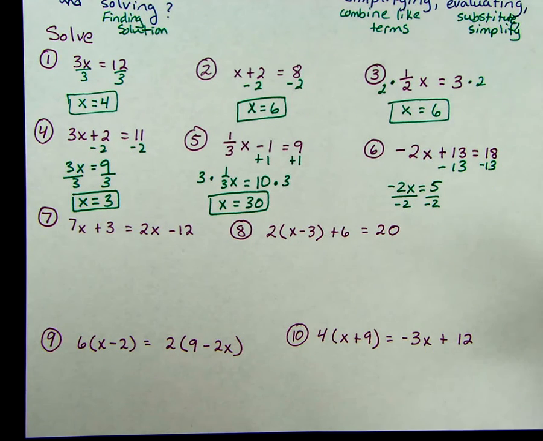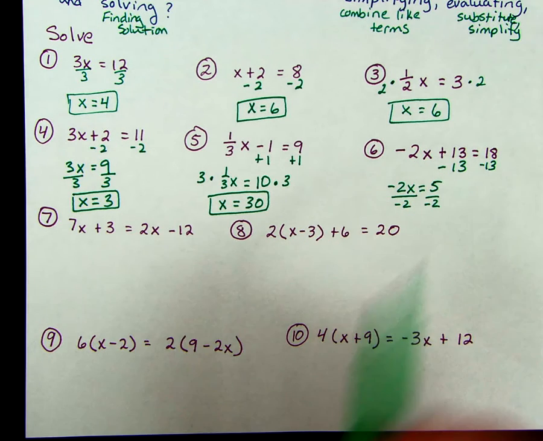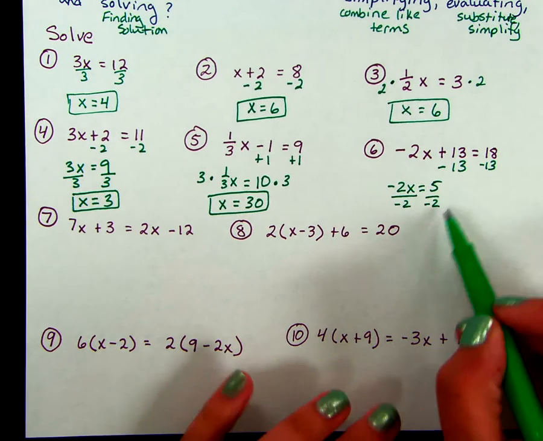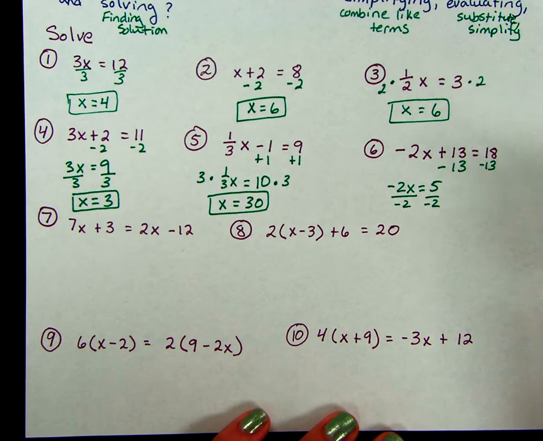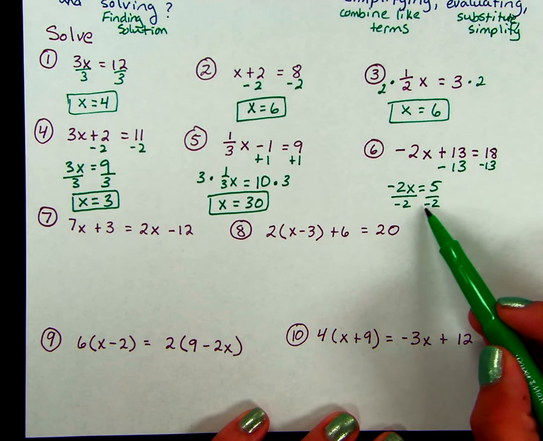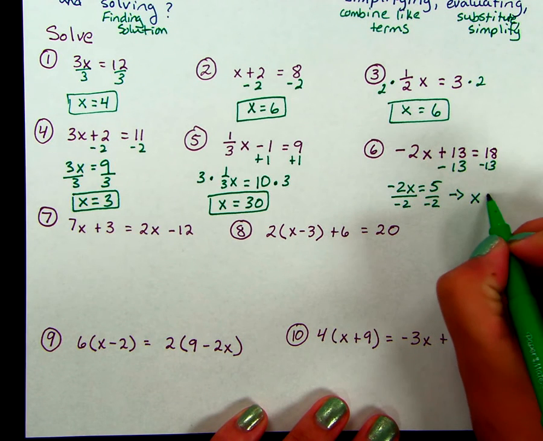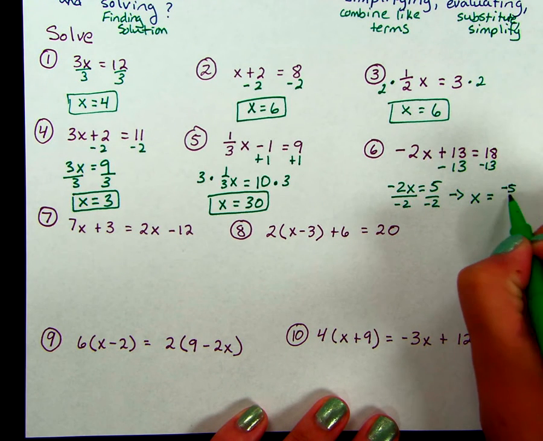We should never be using decimals for any of these problems unless it gives you a decimal in your original problem. So we are going to leave them as fractions. So we're just going to simplify this fraction as much as we can. So the only thing that we can do to simplify is move this negative up to the numerator. So our final answer is going to be x equals negative 5 halves.